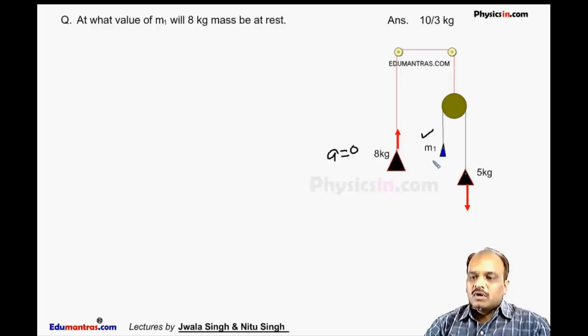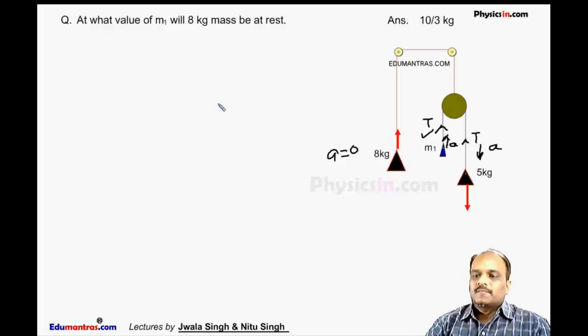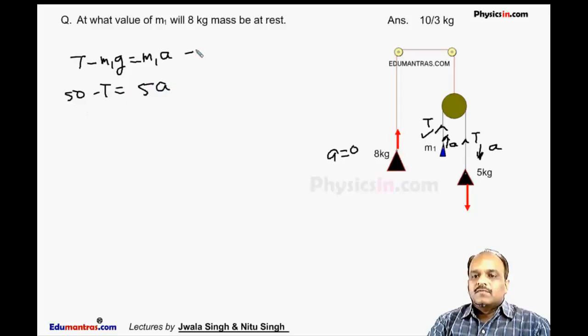Let the mass of this block be M1, it is going upward, and this is going downward with an acceleration A and A. Let the tension here be T. So I can say the first equation is T minus M1G is equal to M1 into A. Since this 8 kg block is stationary, the accelerations of these two must be the same. And the second equation is 50 minus T, that is equal to 5A. This is our first equation, this is our second equation.